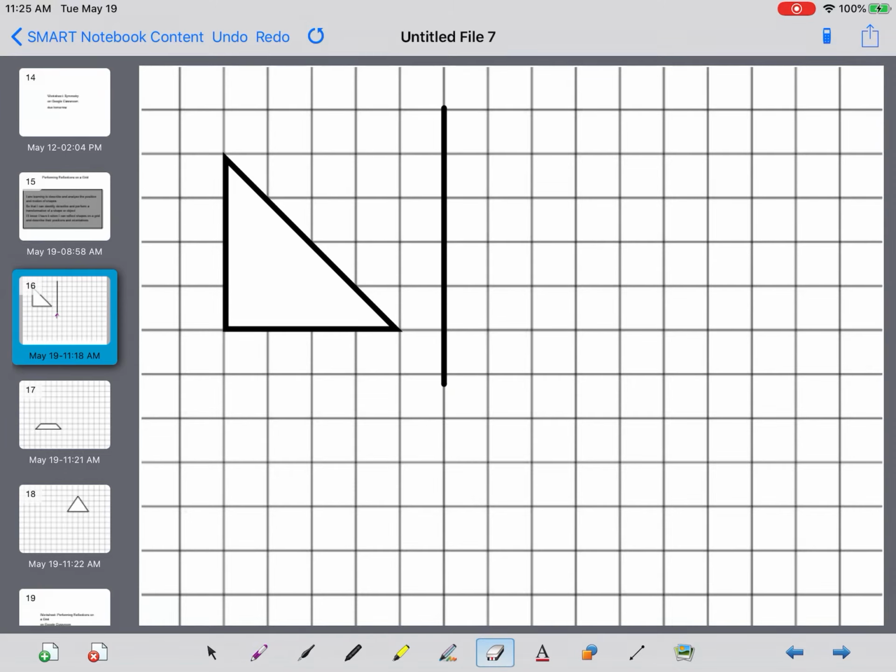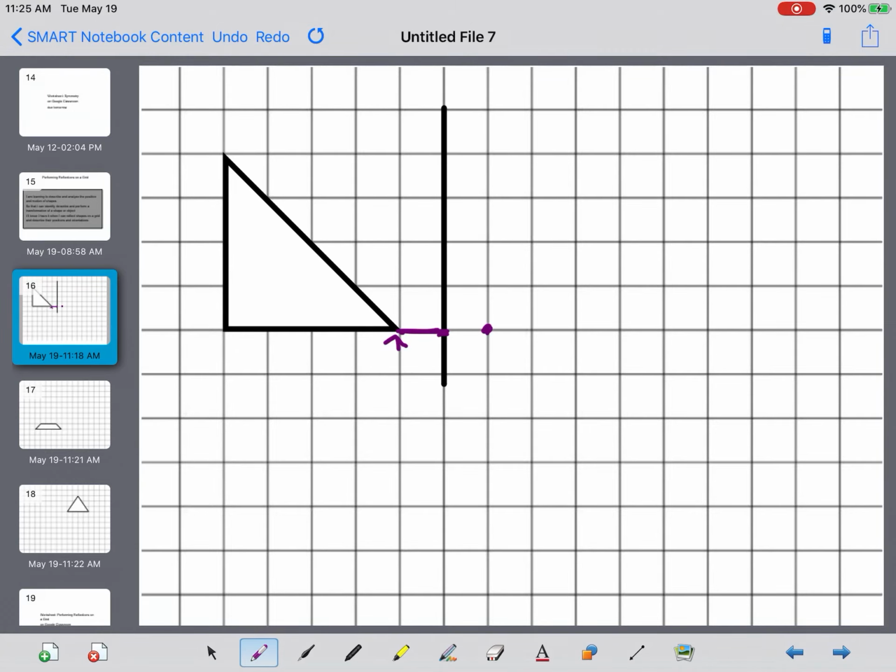Okay? All right, so the easiest way to do this is to look at the points of the shape and start with the points and then add the lines in later. So I see that this point is 1 unit away from the line. So I'm going to move 1 unit in the opposite direction. I'm going to put that point there.